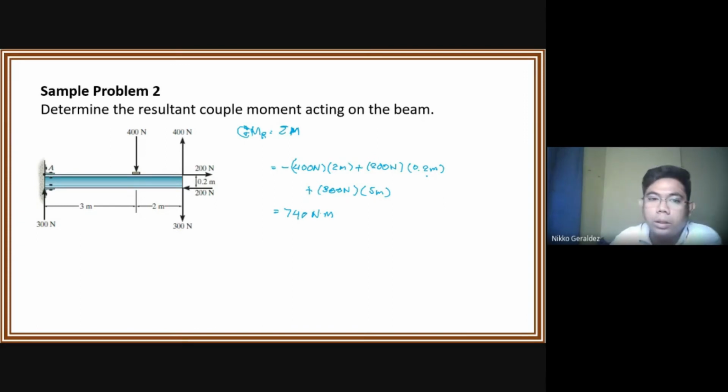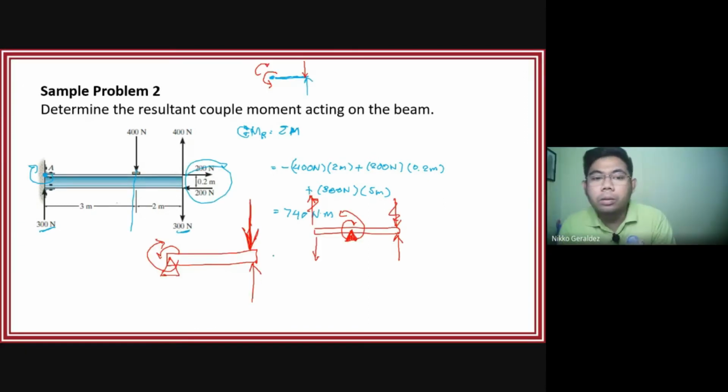So, another method para mahanap natin yung resultant moment ng couples acting on the beam, pwede tayong kumuha ng moment center anywhere on the object, or anywhere in the system. So, any point. Pwede tayong kumuha at gawin natin siyang moment center, then gamitin natin yung formula natin para makuha yung resultant moment.